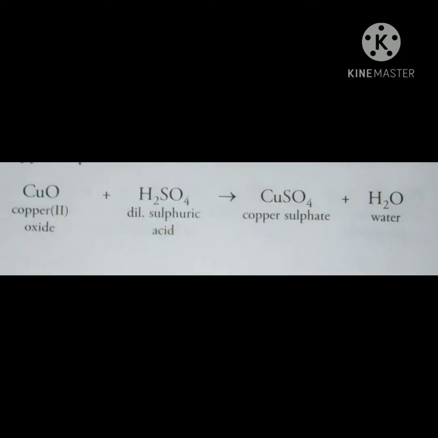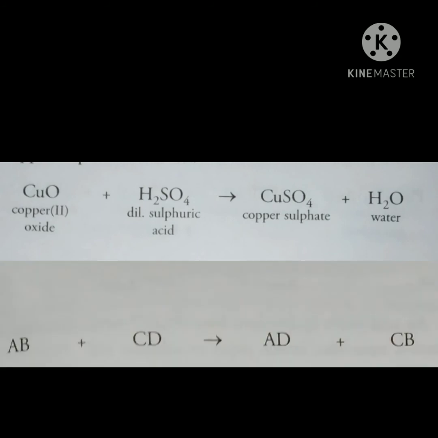Let's see one more example. The reaction between copper oxide and sulfuric acid. Copper oxide is the base, sulfuric acid is the acid. Cu is A, O is B, H2 is C, and SO4 is D. B is exchanged with D, so the product will be CuSO4 and H2O, that is base plus an acid always gives salt and water, so the salt here is copper sulfate.